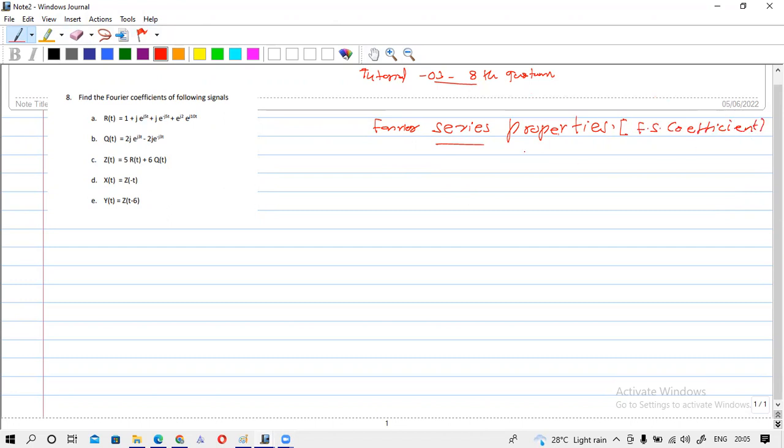I think we have learned 3 or 4 properties.